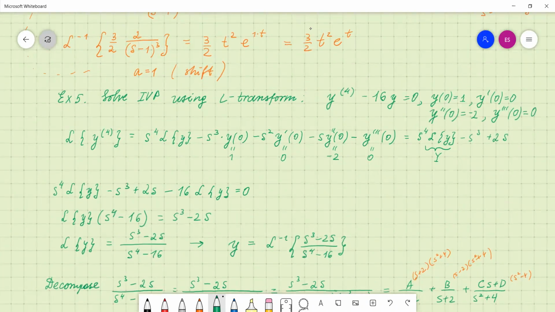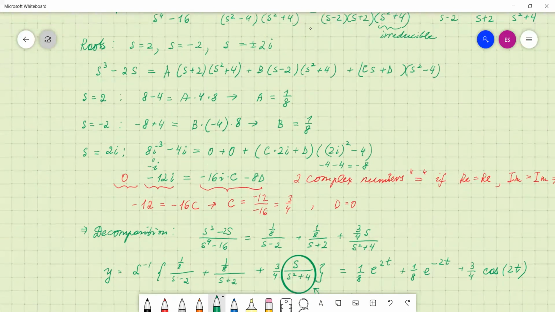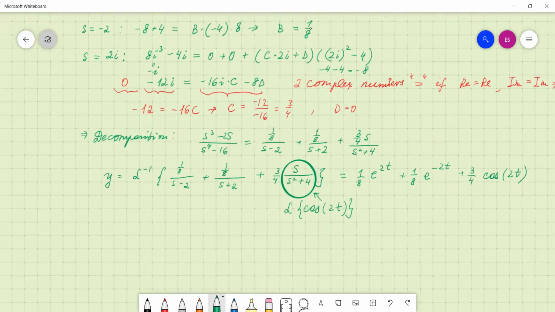What is going to happen to a non-homogeneous equation? Well, if you have a non-homogeneous equation, there is going to be a function here, for example sine of t. Use the Laplace transform on sine of t, convert it into a fraction, and then this fraction is going to participate in the decomposition and make your life even harder. I would say that's the hardest part of Laplace transform. How do we avoid doing any integrals? Well, guys, we don't avoid doing integrals.